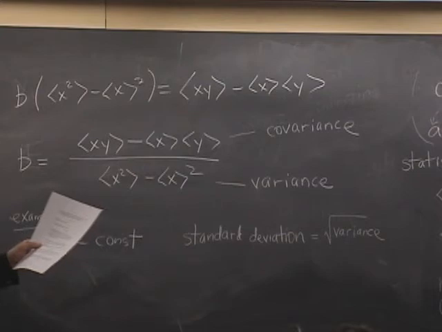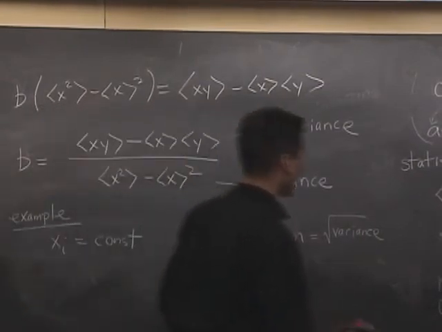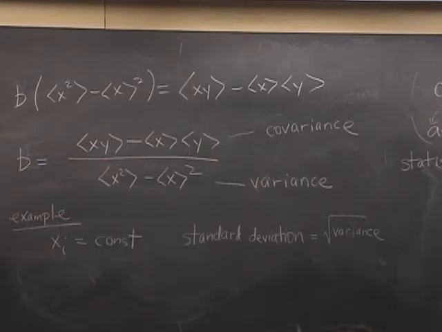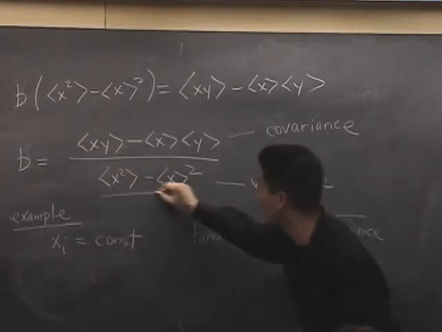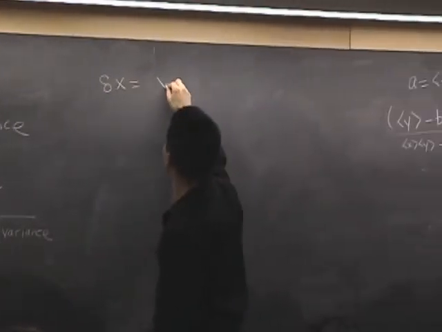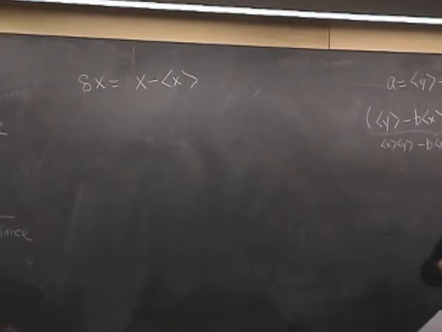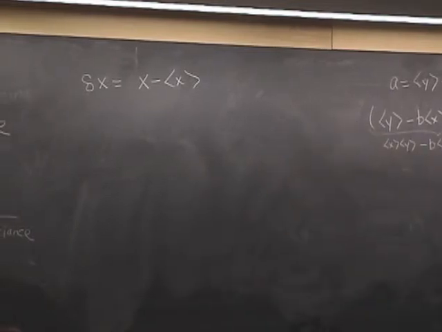All right, what about the covariance? There's another way of doing this. Another way of seeing the meaning of this expression is to define delta x, which is the deviation of x from the mean, x minus the mean of x.